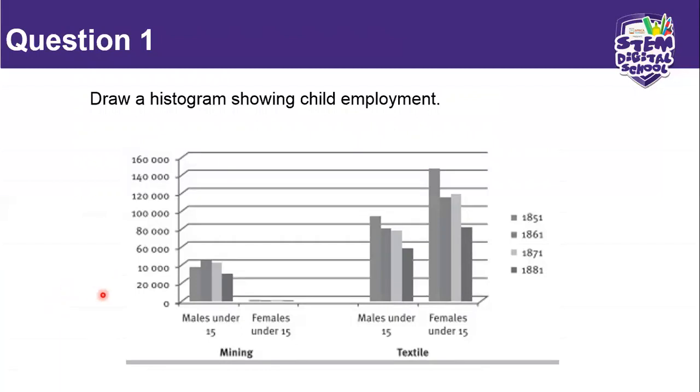Here, these are numbers of the children who are working. And on this side, it's showing you the years from 1851 to 1881. And then here you've got the males and females under 15 who are working in the textile industry.